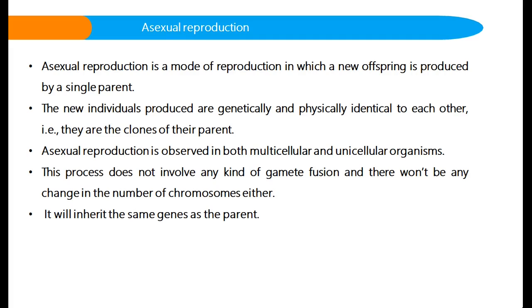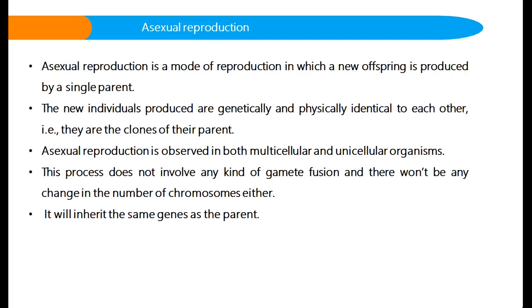The new individuals produced are genetically and physically identical to each other, that is, clones of their parent. The offspring are exact copies of the parent cell or parent. Asexual reproduction is observed in both unicellular and multicellular organisms.